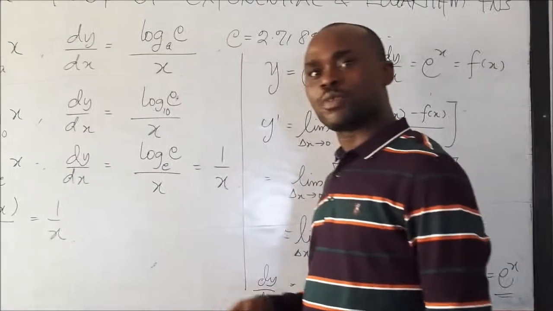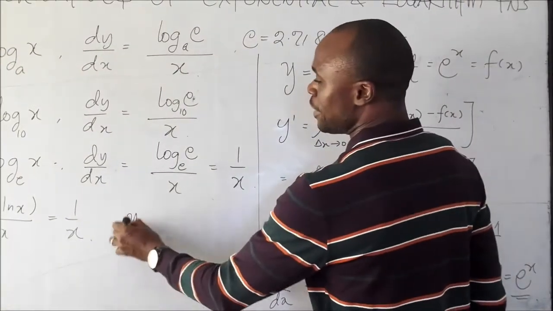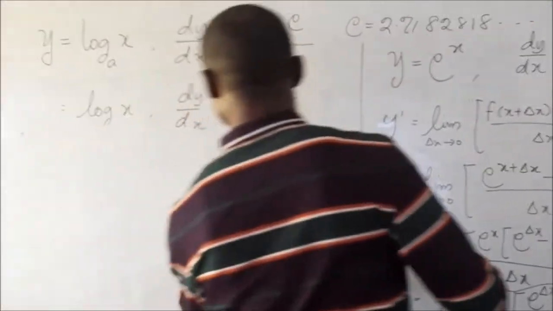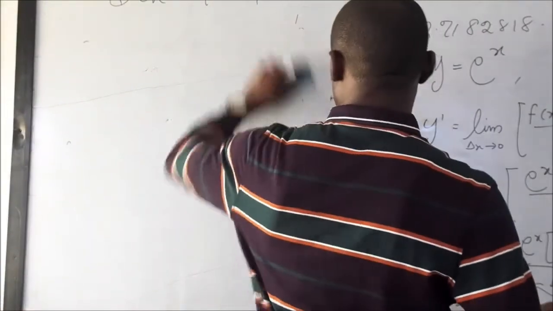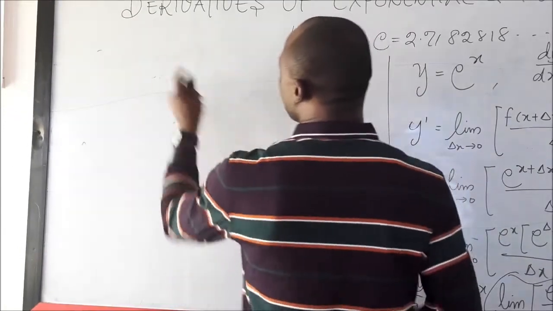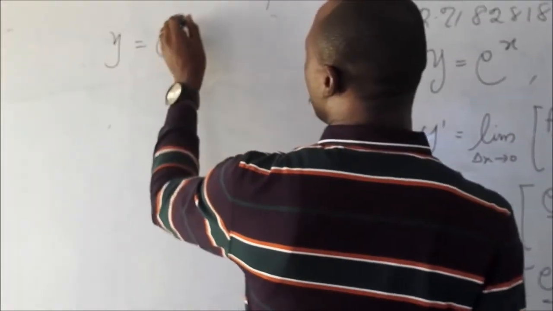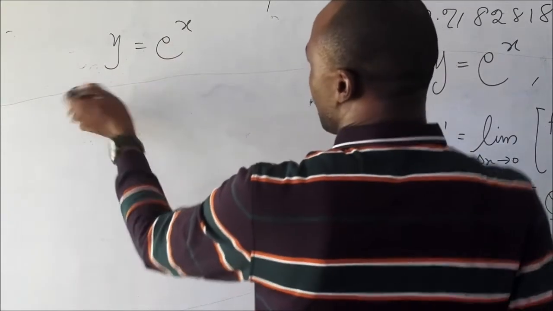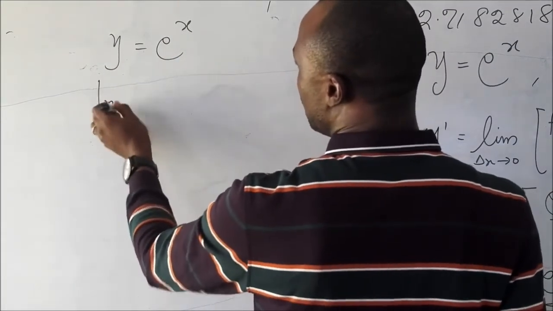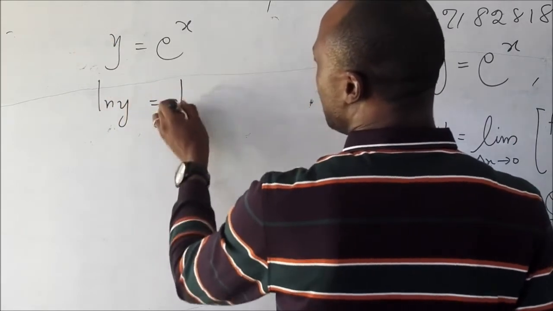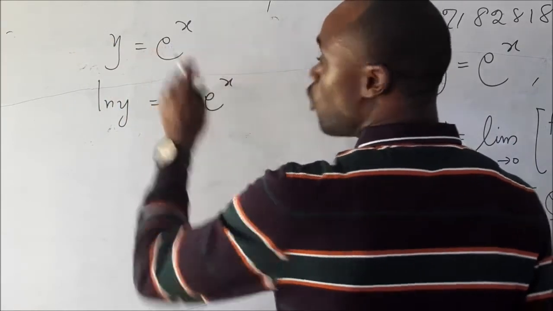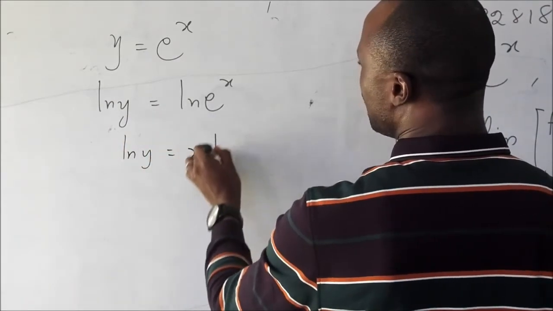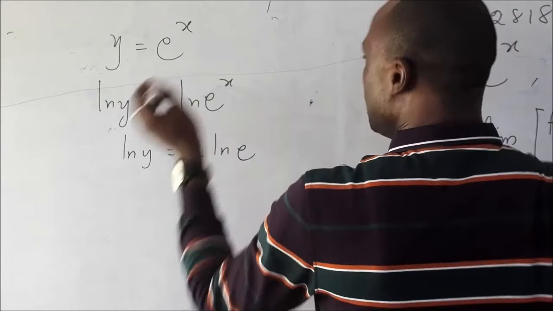And now let us look at something else. If y is equal to e raised to the power of x, that means that we can take the ln of both sides, and this will give us ln y equals x ln e.